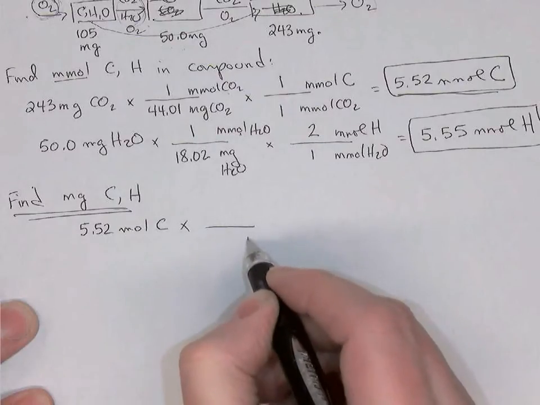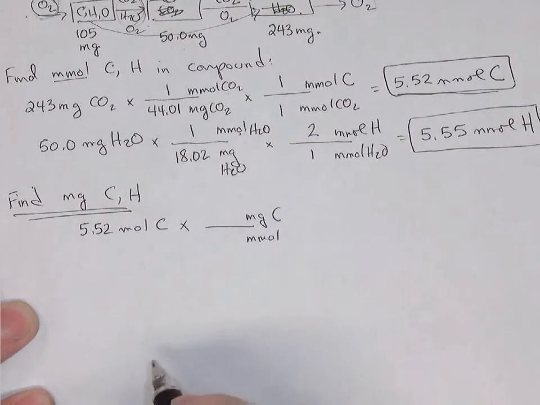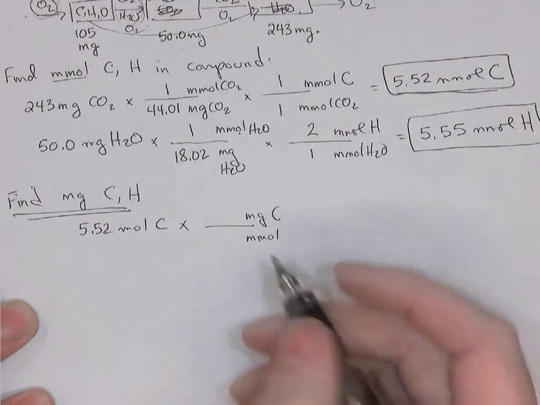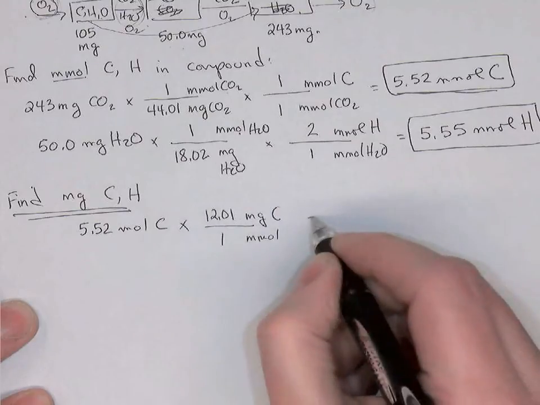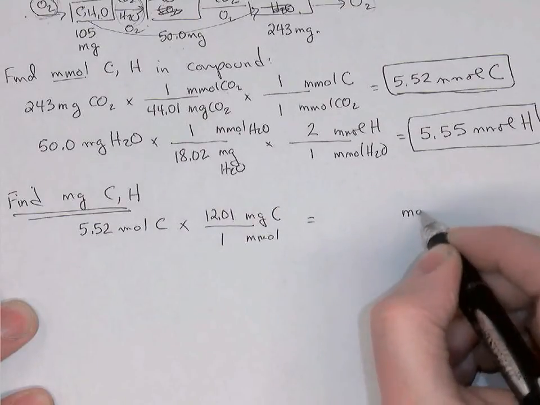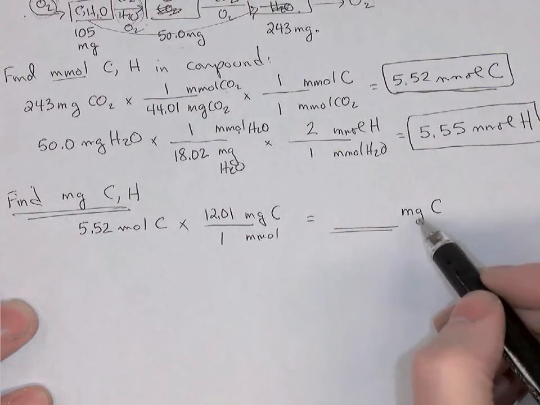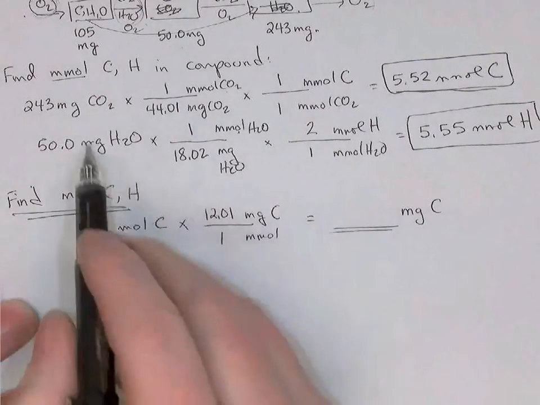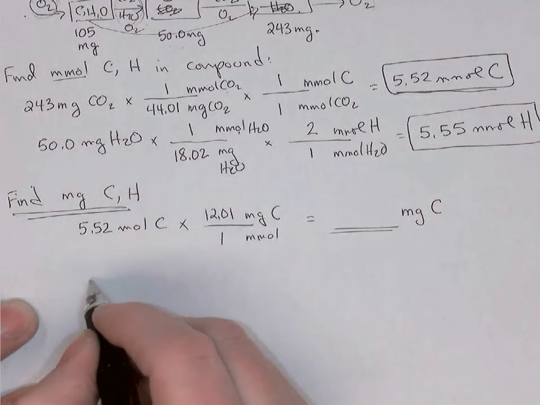If I convert millimoles to milligrams of carbon, that's the millimolar mass of carbon. So 1 millimole of carbon weighs 12.01 milligrams. Now this might seem a little strange. We're going back to milligrams, but notice we're going to milligrams of carbon, not milligrams of CO2 that we had originally.